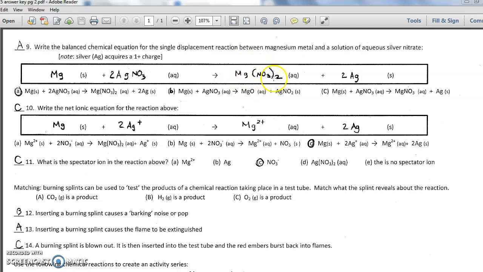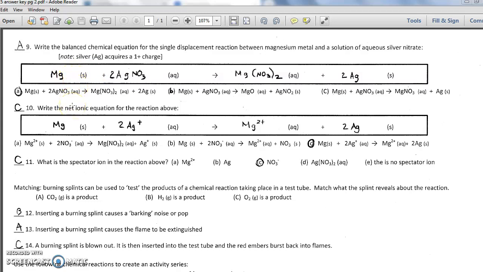If I have a 2 there, I'm going to need a 2 in front of here. If I have 2 nitrates, I'm going to need a 2 in front of them on the left side. And that means I now need a 2 in front of the silver. Now that makes sense. Magnesium has 2 electrons to get rid of. Silver's 1 plus, so each silver can only take 1. So we would need 2 silvers to have magnesium force electrons on them.